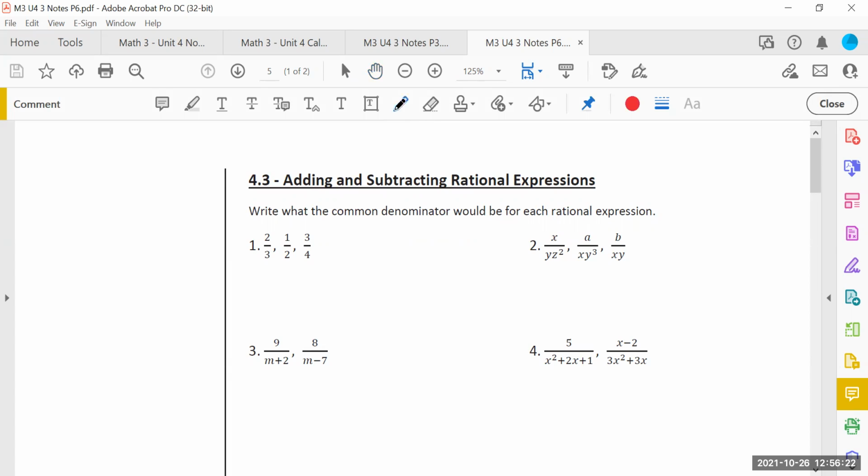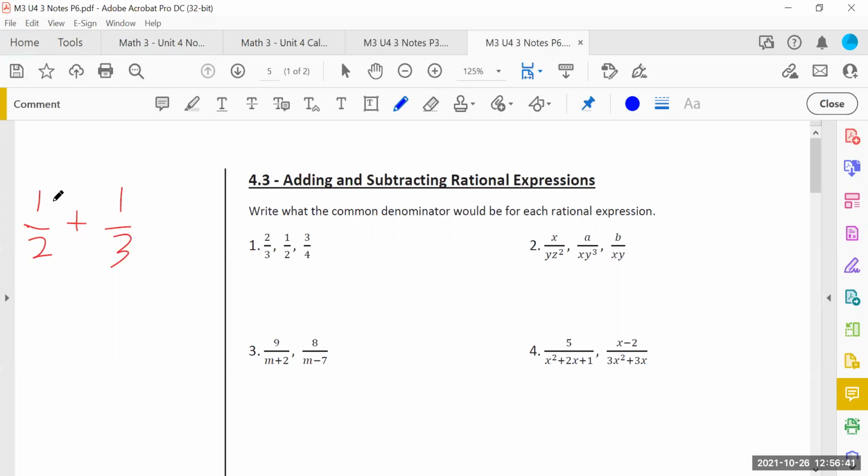So if I'm trying to add 1/2 and 1/3, typically what we're going to do is multiply top and bottom of both of them by whatever it takes to get that common denominator.